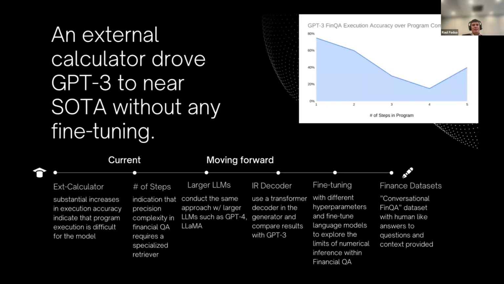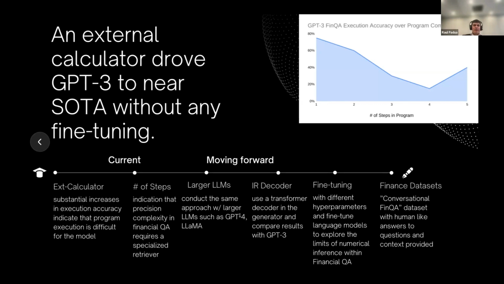As next steps, what we're doing currently is that we added the external calculator, which substantially increases accuracy. The number of steps, which is an indication of the complexity of precision in financial question answering, requires a specialized retriever. And we're going to move forward with further large language models.